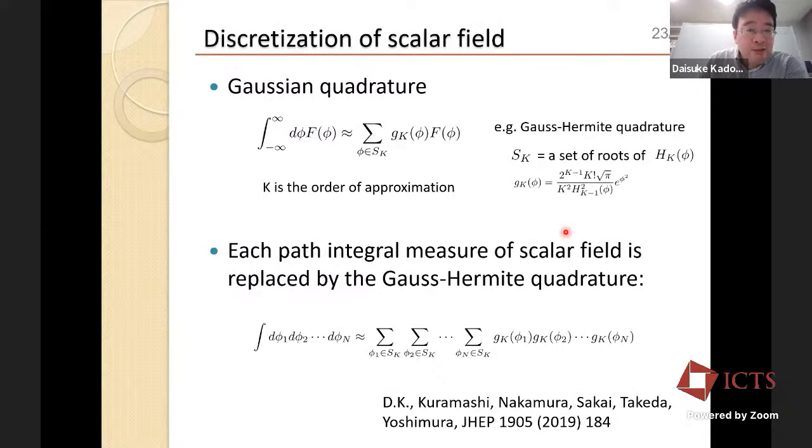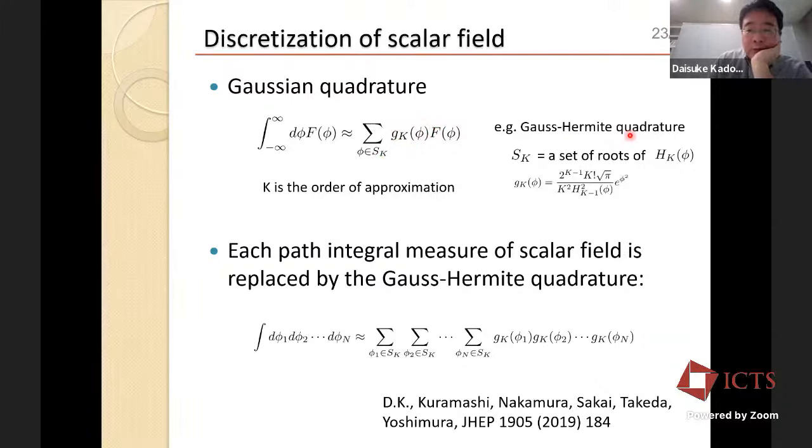And the Gaussian quadrature rule is used to discretize one-dimensional integration. This one-dimensional integration is approximated by this summation in the Gaussian quadrature rule. This summation is taken over k discretized points, and g_k is a weight function.